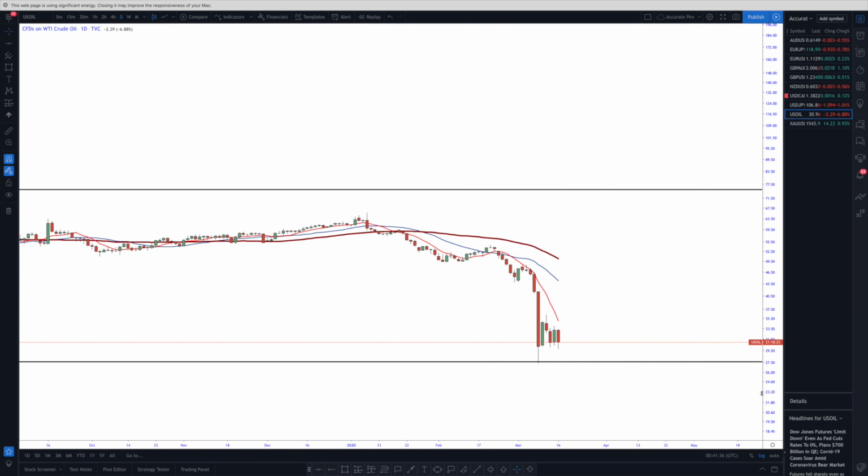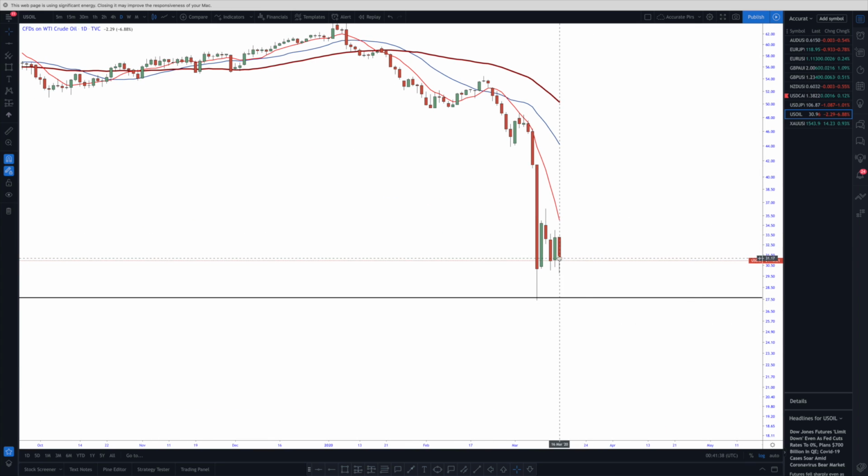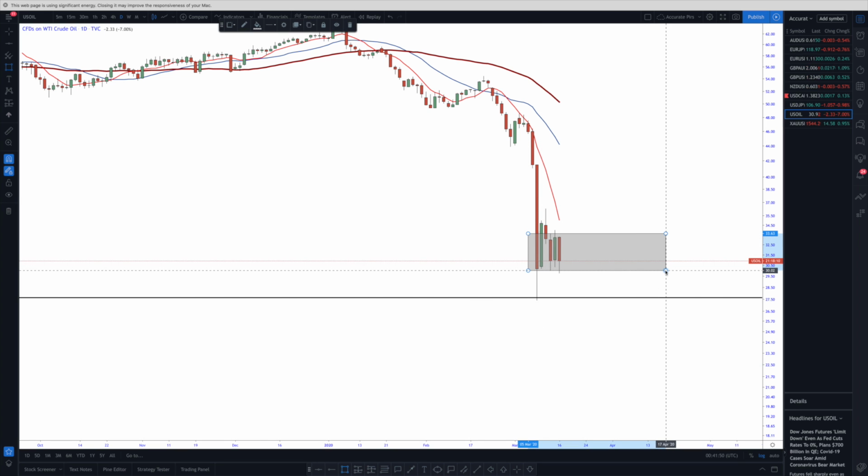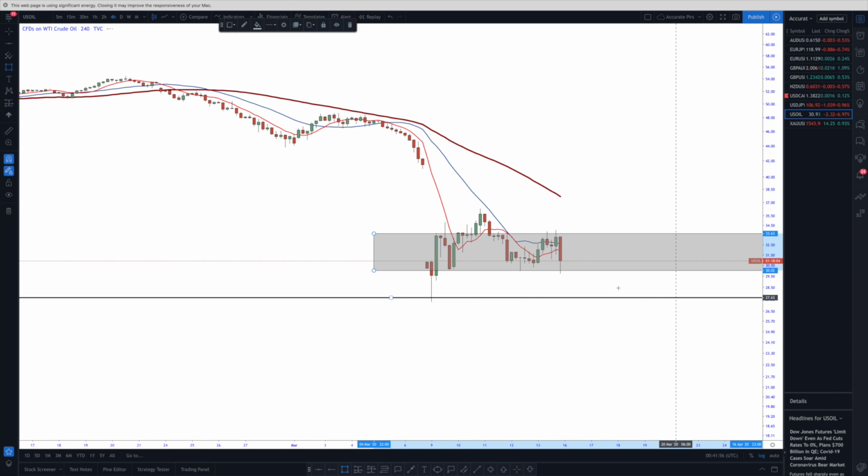As the market's just open, not really seeing much with oil, but as you can see, we're in this little consolidation area right here. Last 3 days it's been in this area, so that little consolidation area it's been in 4 hours, as you can see.